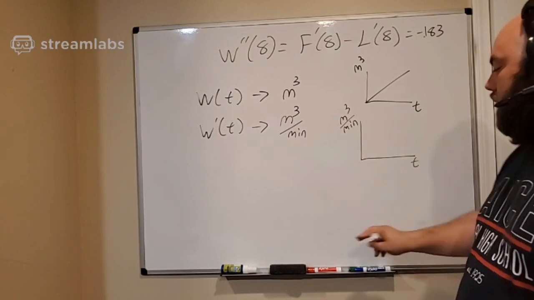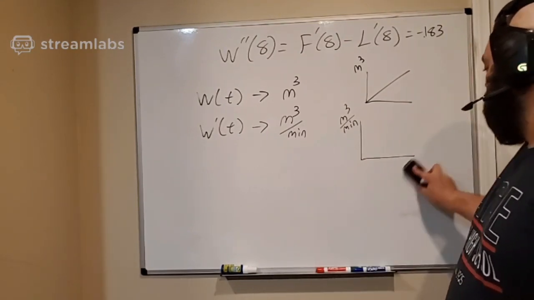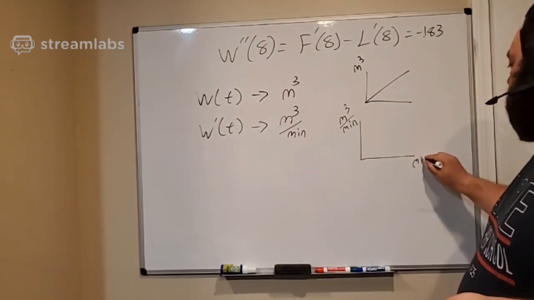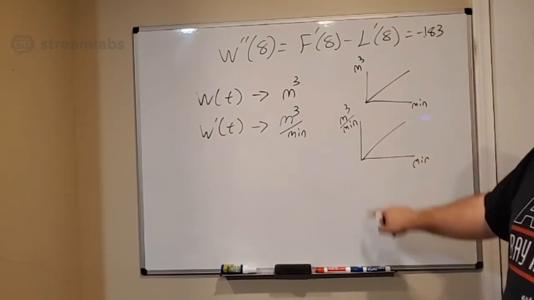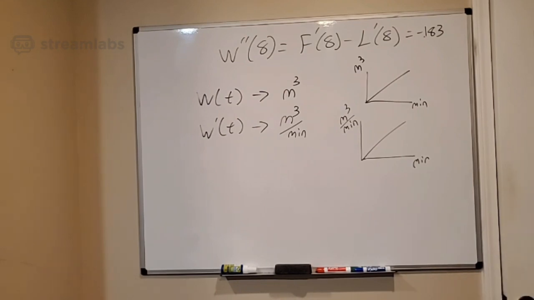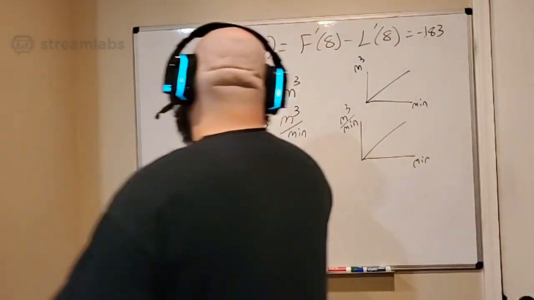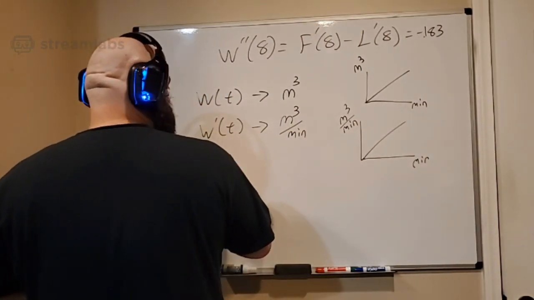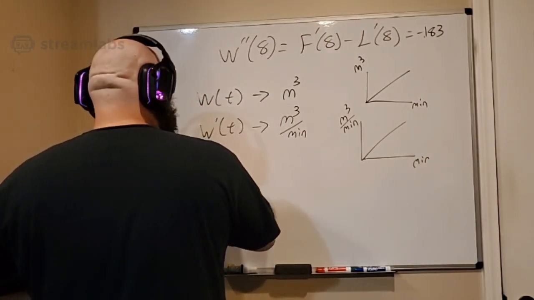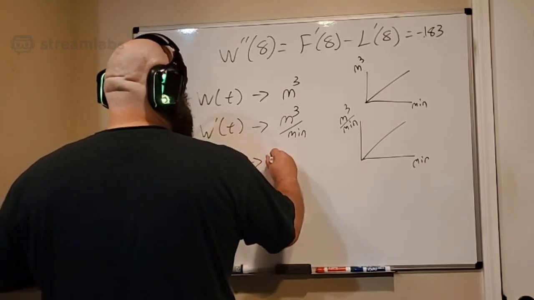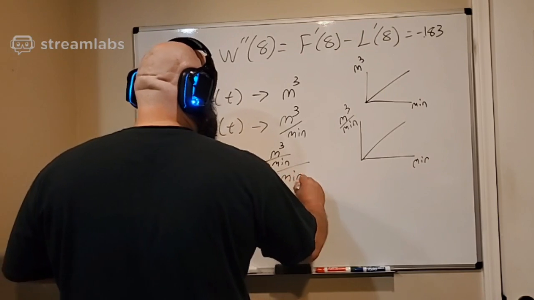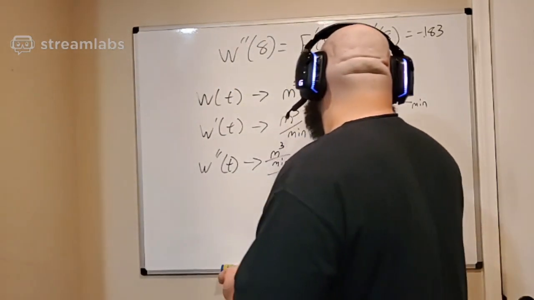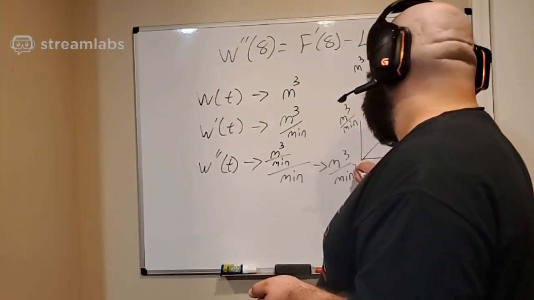So what happens if I do the slope of this graph? Meters cubed over minutes cubed? Or minutes squared? Okay, so that's one way of doing it. So I usually start out with meters cubed per minute, which can be correctly changed to minutes cubed, or minutes squared. So we just have to remember, derivatives are just slope, rise over run.